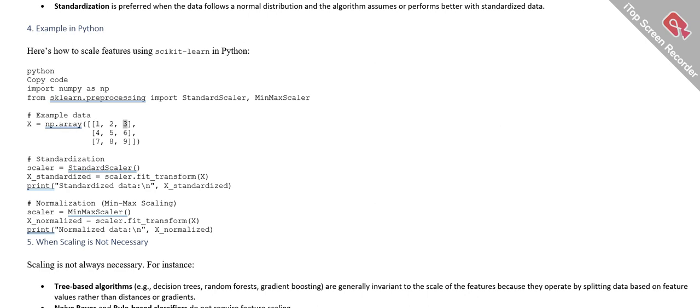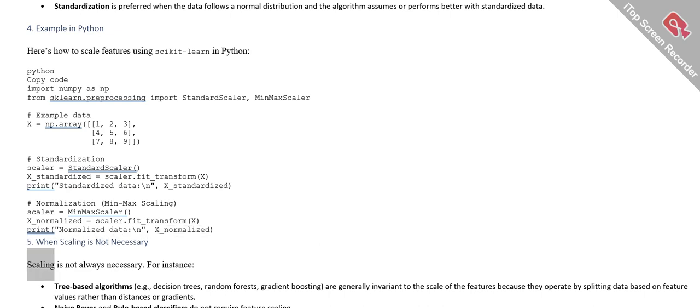X = np.array([1, 2, 3, 4, 5, 6, 7, 8, 9]). # Standardization. scaler = StandardScaler(). X_standardized = scaler.fit_transform(X). print("Standardized data\n", X_standardized). # Normalization, min-max scaling. scaler = MinMaxScaler(). X_normalized = scaler.fit_transform(X). print("Normalized data\n", X_normalized).